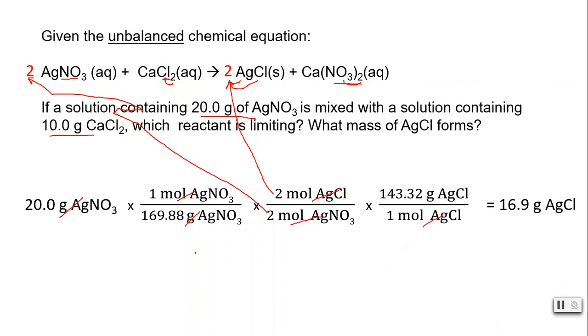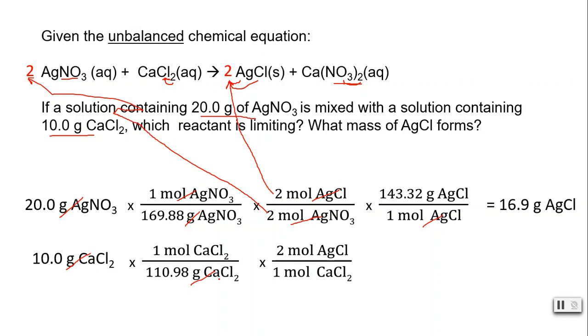So that's how much I would get if AgNO3 was limiting, but we need to see about how much we get with the calcium chloride and then compare my product amounts to determine which reactant is limiting. So we're going to do something very similar with the 10 grams of calcium chloride, converting it to moles of calcium chloride using its molar mass, then going from moles of calcium chloride to moles of AgCl using coefficients of the balanced equation.